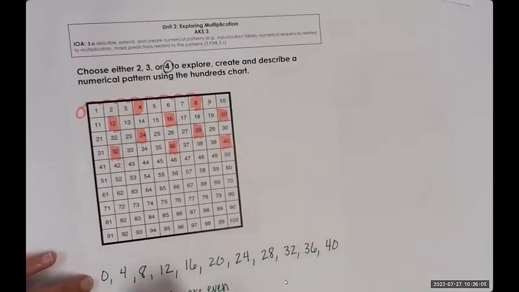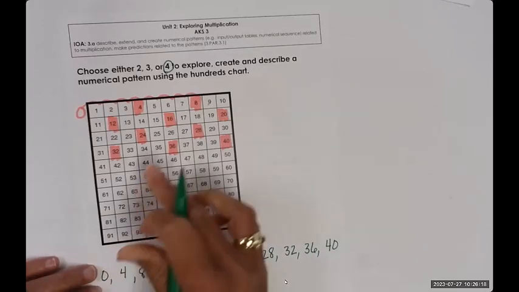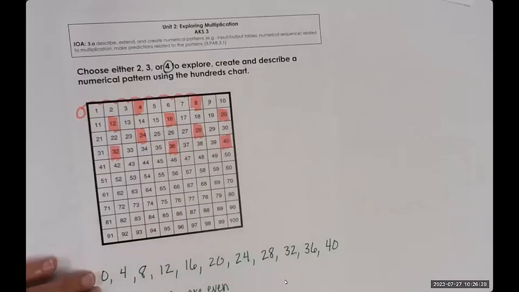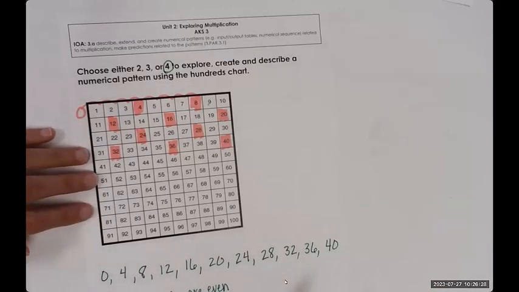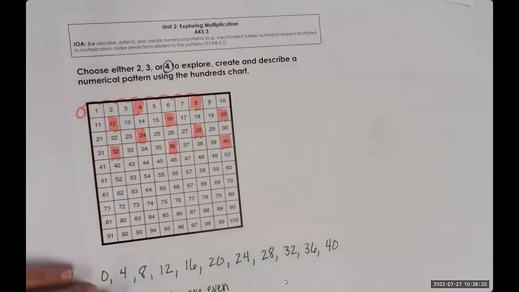Okay. So what we did, we added 4 each time to find the next number in our counting sequence. Okay. Sometimes it's difficult. This can be limiting when you just see the numbers here on the hundreds chart or when they're written horizontally.